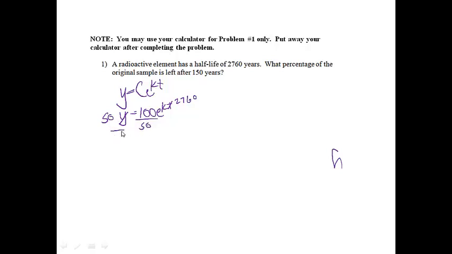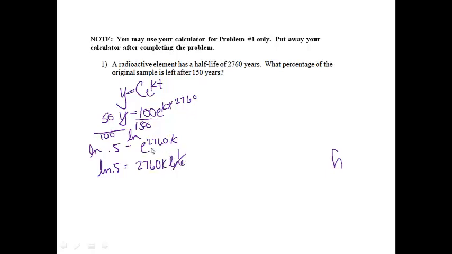So we're going to divide both sides by 100. I'll get 0.5 equals e^(2,760k), and then I am going to take the natural log of both sides. So I'll have the natural log of 0.5 is equal to 2,760k, which we can bring out front.